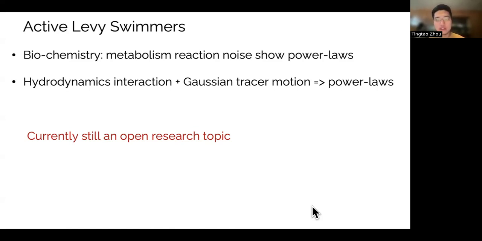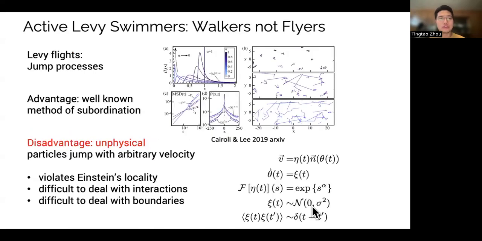So they realized that even if you put a Gaussian tracer into a fluid with some other particles moving around, that can lead to power-law behavior in the dynamics of the tracer as well. But we don't know for sure which one, or maybe both, or maybe some other mechanism is the real reason. So this is currently still an open research topic.